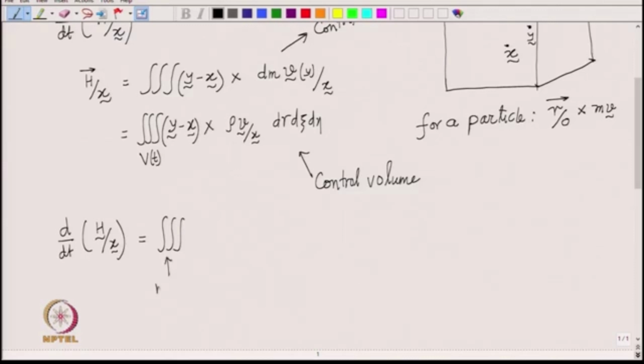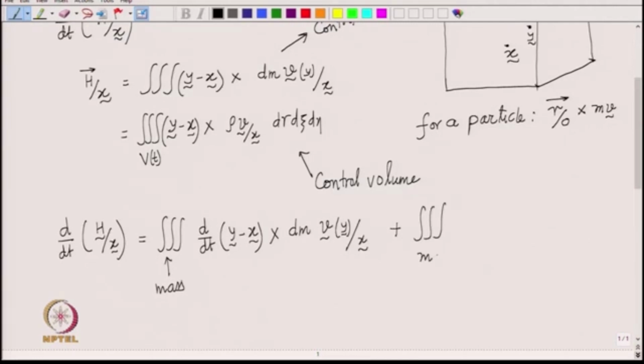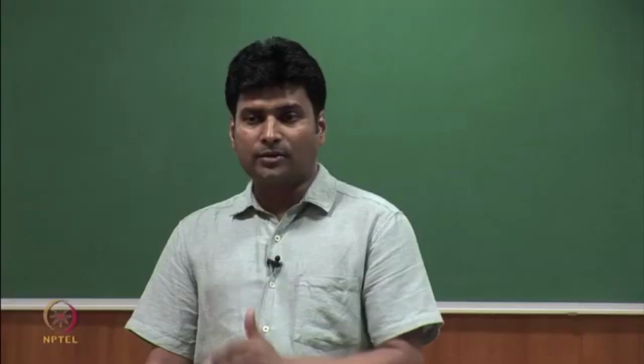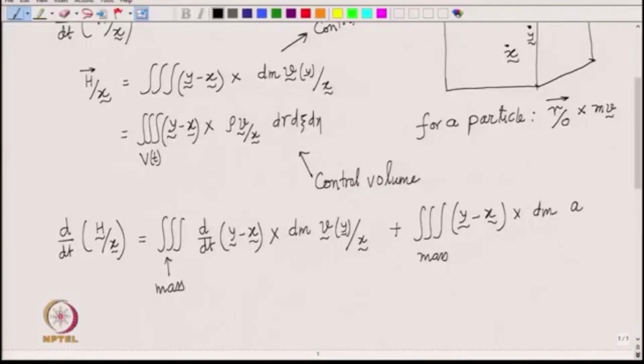So, here it is mass, and then we will have d by dt of y minus x cross dm velocity of the particle y relative to x, plus y minus x cross dm into d by dt of velocity relative to x, which is nothing but the acceleration of y relative to x.